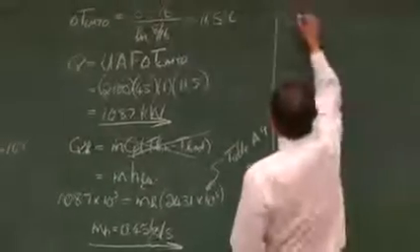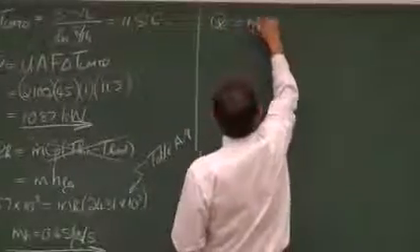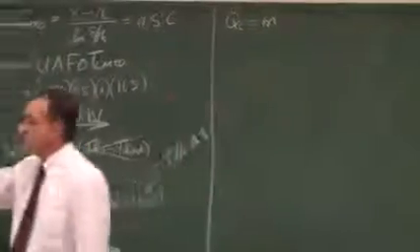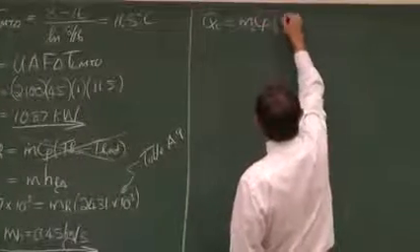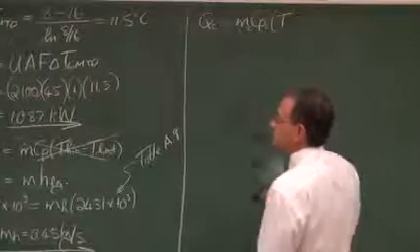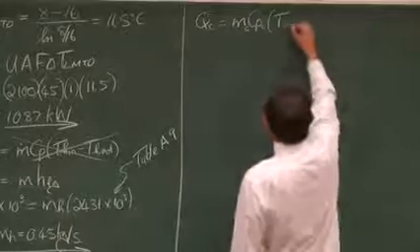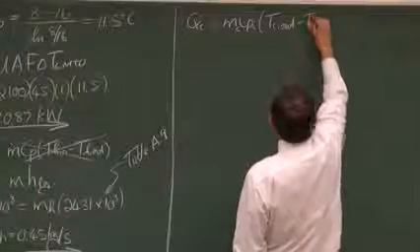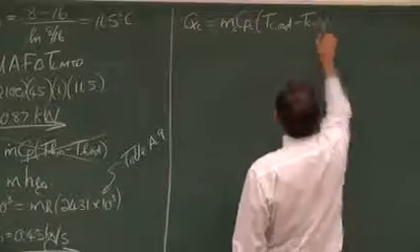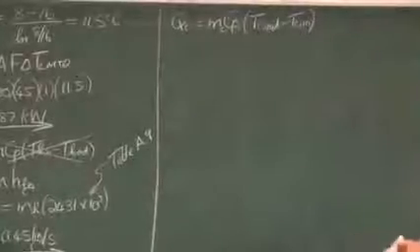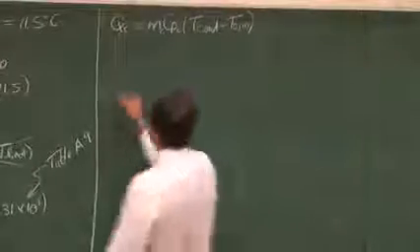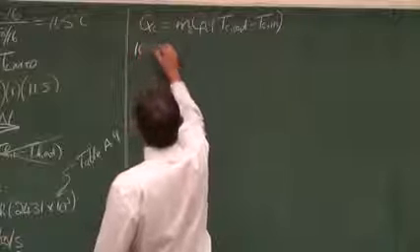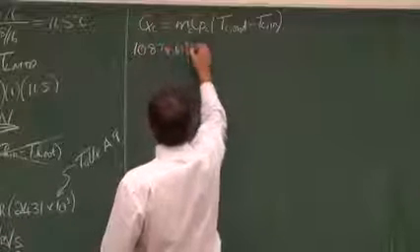Okay, now on the cooling side, it is a single phase fluid, it is water, and now we can say it is equal to the mass flow rate multiplied by Cp multiplied by Tc out minus Tc in. The heat transfer rate is equal to 1087 kilowatts.